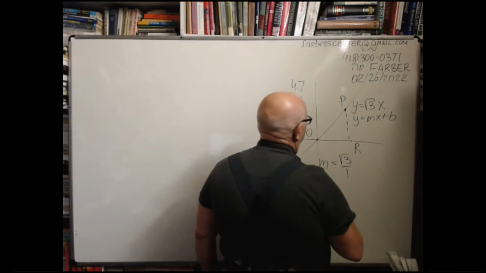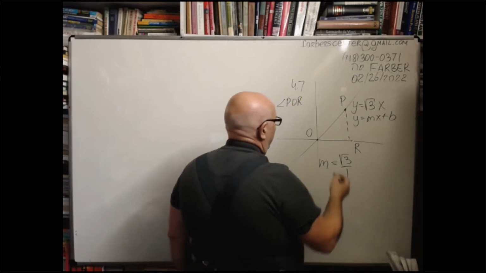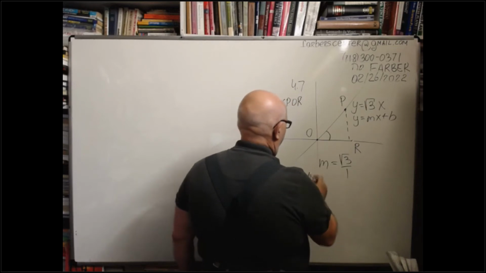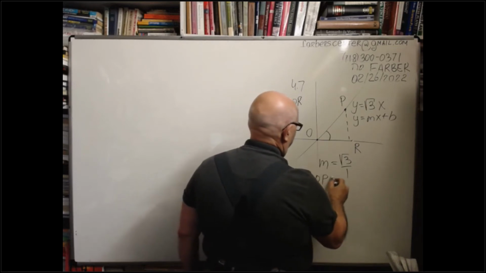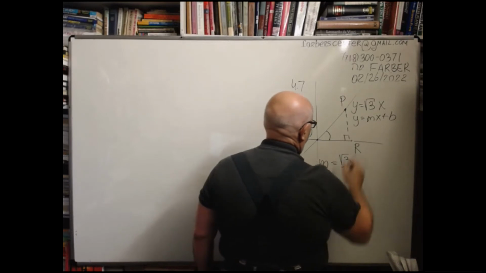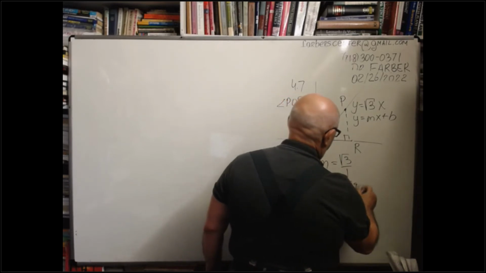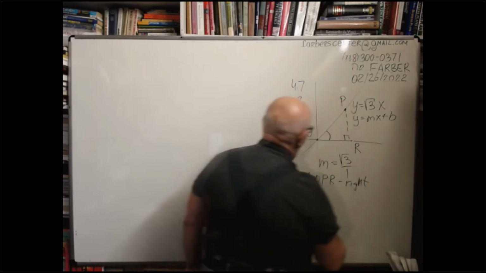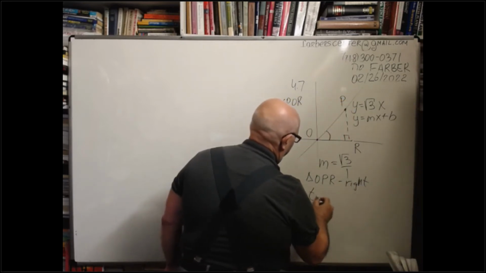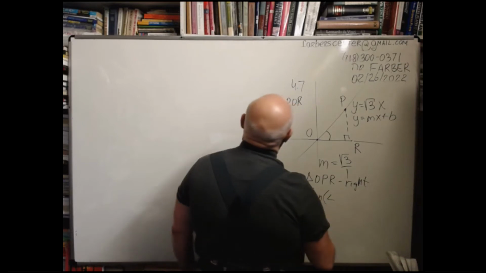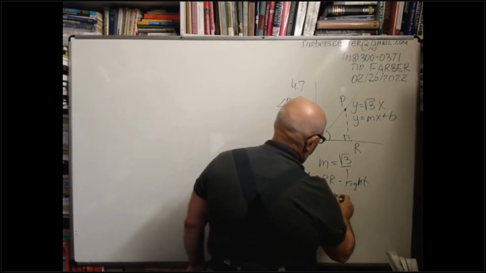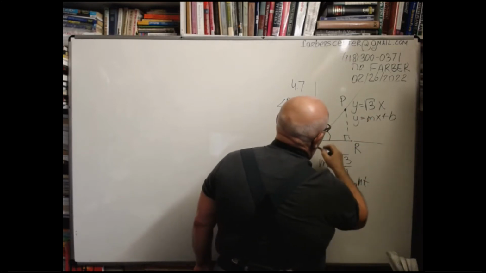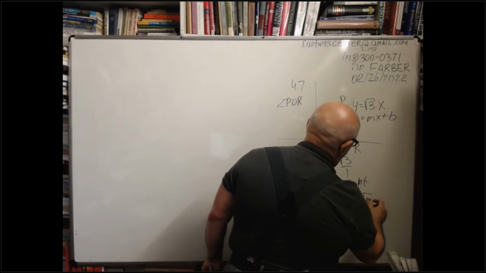And slope is the tangent of this angle from the other side. If you take triangle OPR, this right triangle, right? The tangent of angle POR equals square root of 3 over 1, or square root of 3.